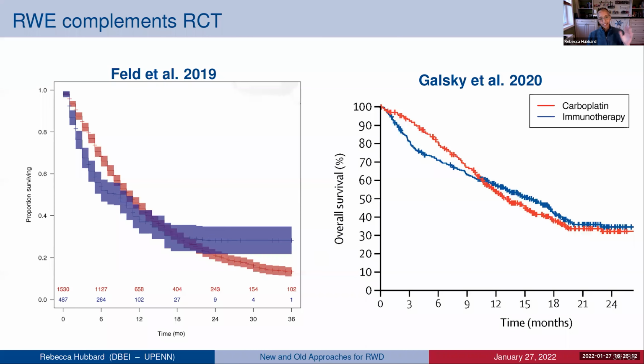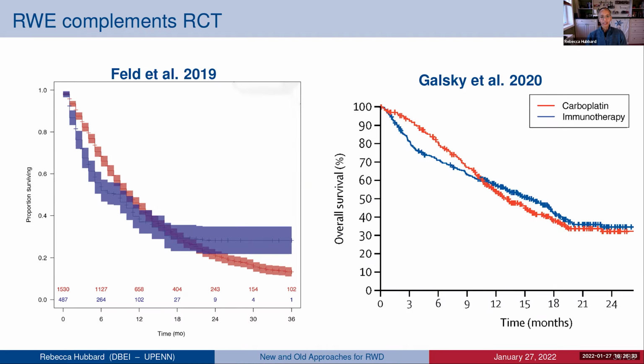I'm showing you the Kaplan-Meier curves for immunotherapy in blue and the carboplatin-based chemotherapy in red. About 7 months later, the results of the phase 3 randomized trial investigating a similar clinical question were published, and that's the curve that I have on the right.